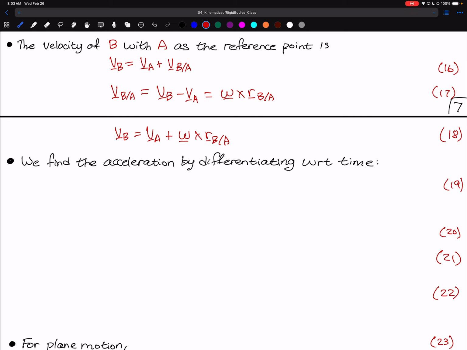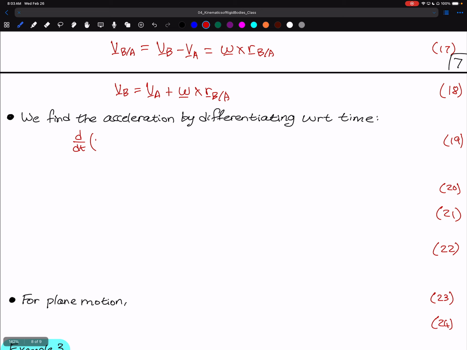Okay, so we're going to compute our acceleration by taking a derivative with respect to time of the velocity for point B. We're going to assume that we know the acceleration at point A in this case. And so we'll just take d/dt of VB.